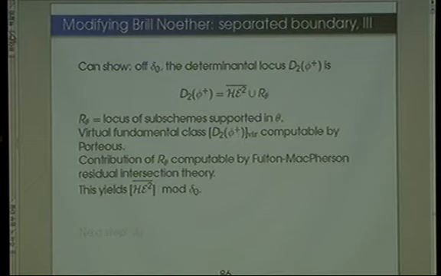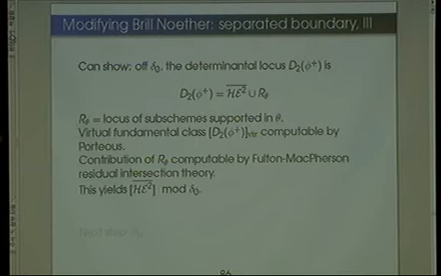The Porteous formula is just some purely formal function of the bundles in question. You can apply this to this map, and you get some expression. Then the residual intersection theory of Fulton and MacPherson tells you that this is equal to the good part, the closure of the hyperelliptics, which is of the correct dimension, plus a computable contribution from this locus R theta.